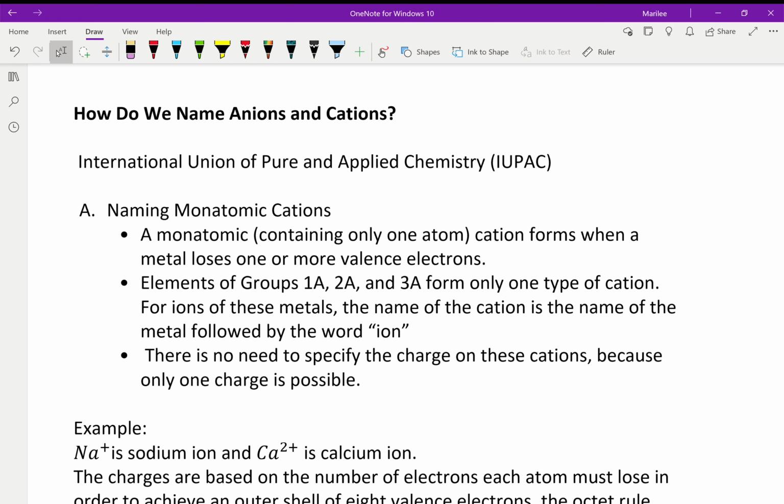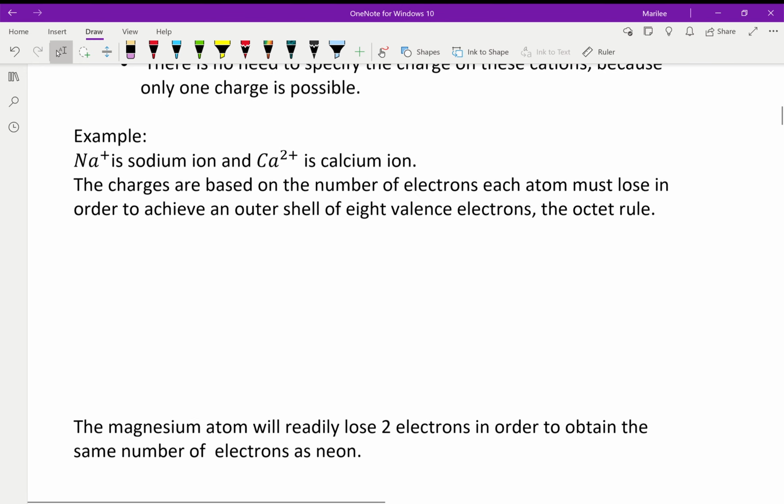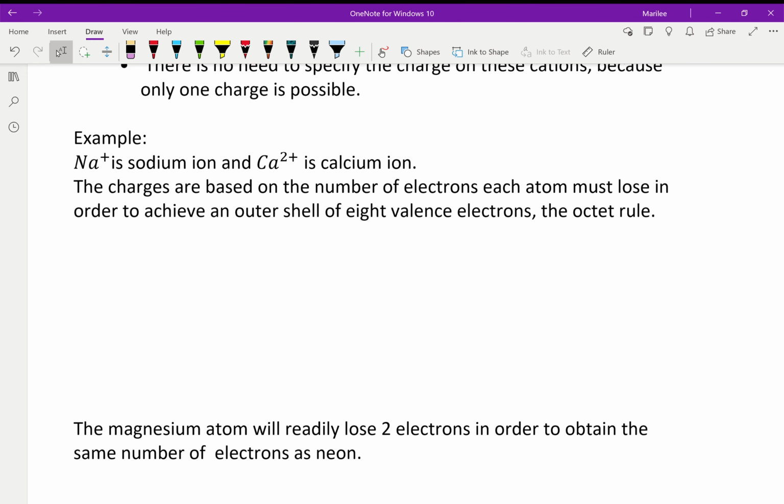Right? So like from group 1A, sodium, right? Sodium would become sodium ion. There is no need to specify the charge on these cations because there is only one charge, right? An example here is sodium. Na+ is sodium ion and Ca2+ is calcium ion.